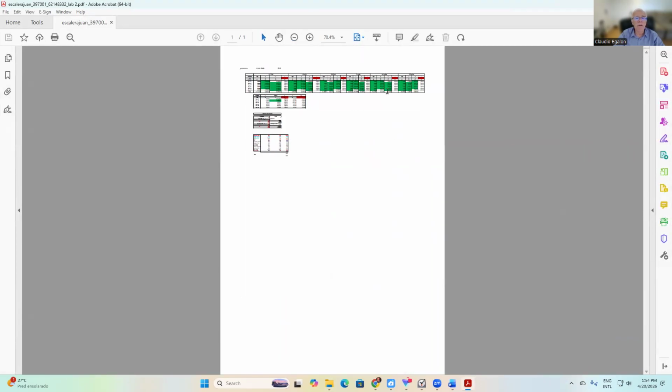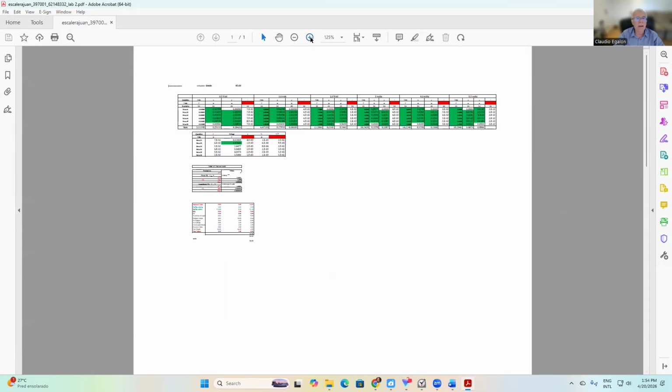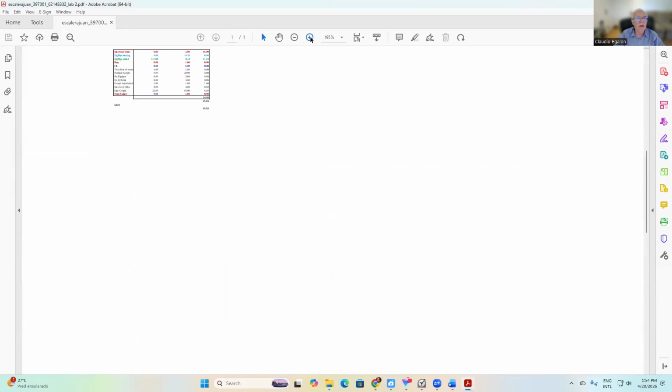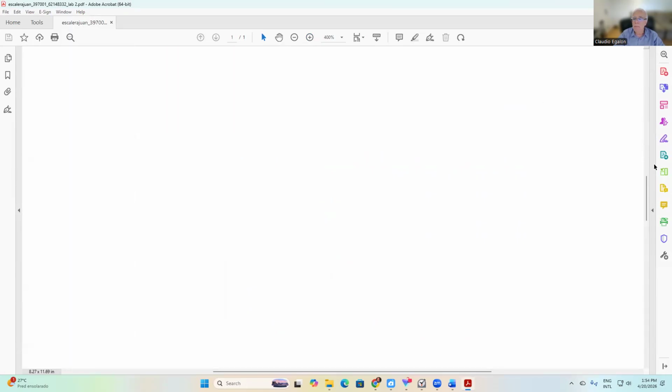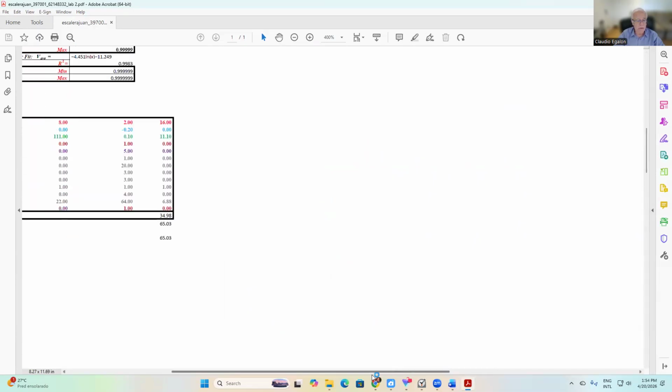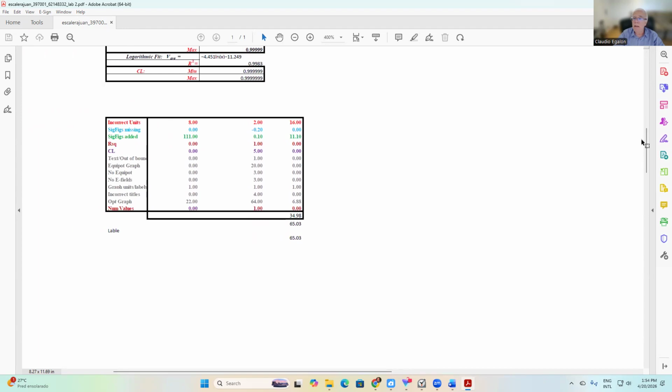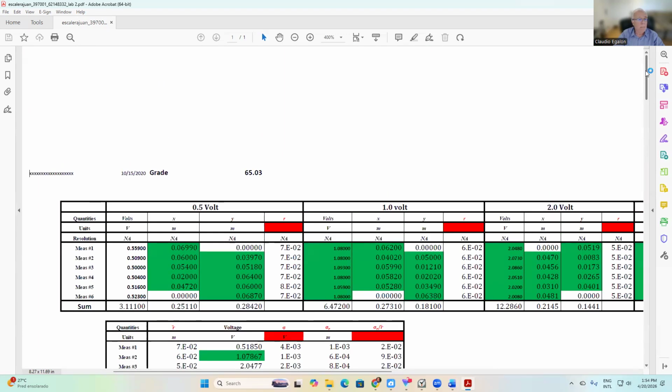Notice that this student didn't put too many significant figures, right? That's why he has green all over the place. Sometimes you have to zoom in to see everything clearly. This grade was 65%.